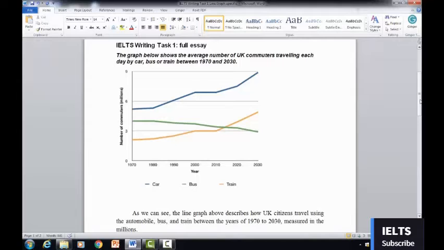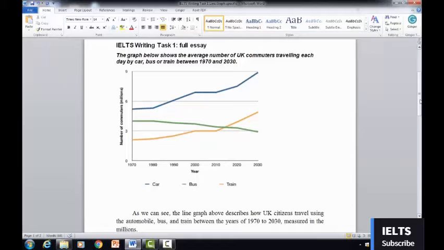We can see that the car is at about 5 million in 1970, and then it has a gradual increase to 1980, and then a sharper increase up to 1990, where it ends up at 6 million. So between 1970 and 1990, the car rises from 5 million to 6 million.